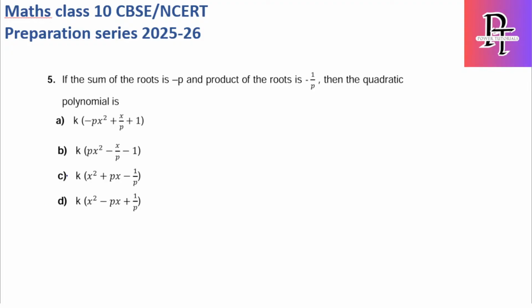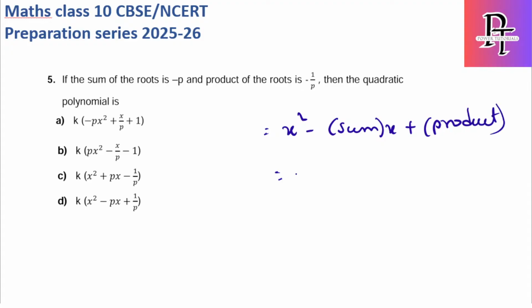If the sum of roots is minus p and the product of roots is minus 1 by p, then the quadratic polynomial is... So this is important. If they have provided you the sum of roots and product of roots, the standard quadratic polynomial is x square minus sum of roots into x plus product of roots.